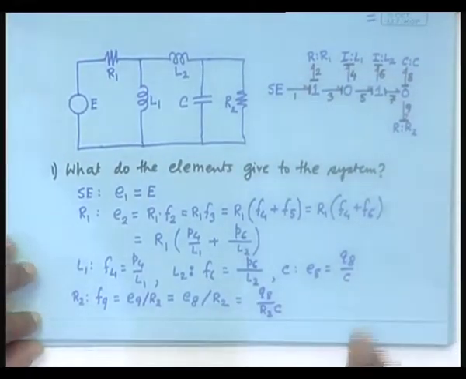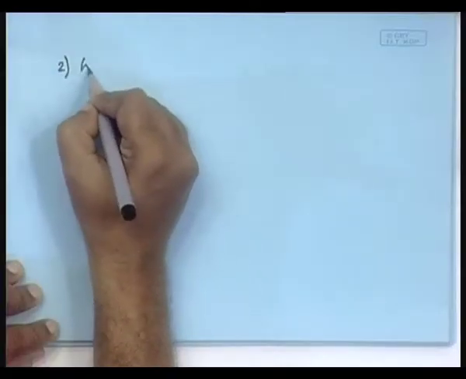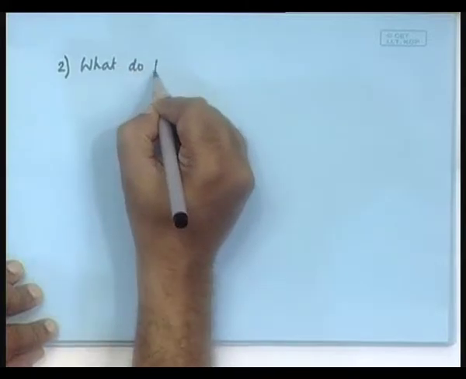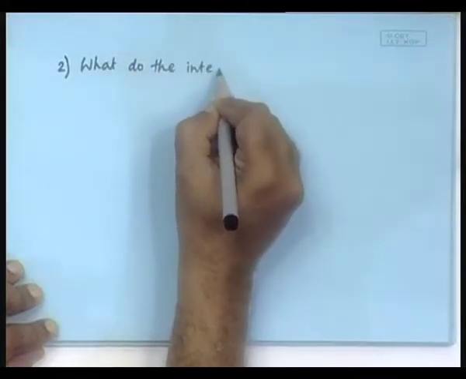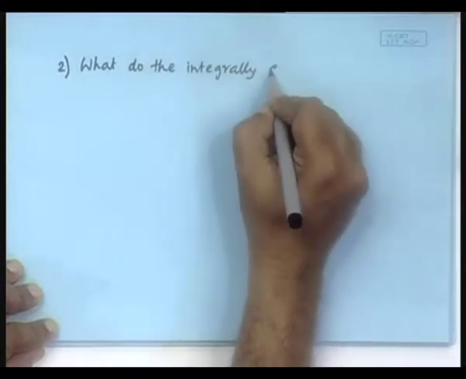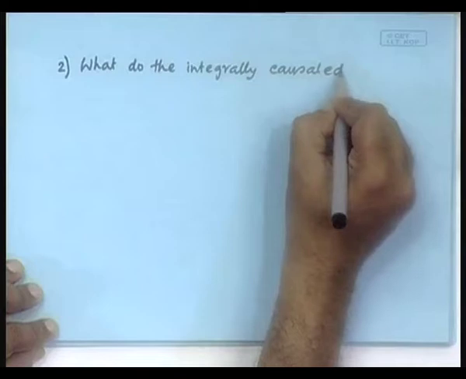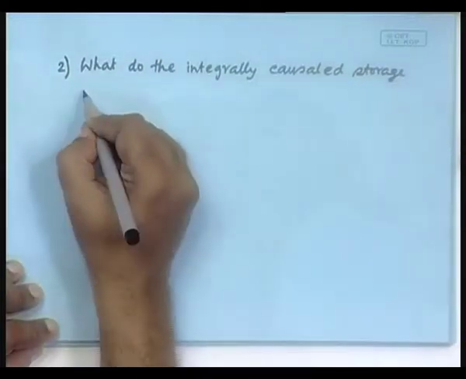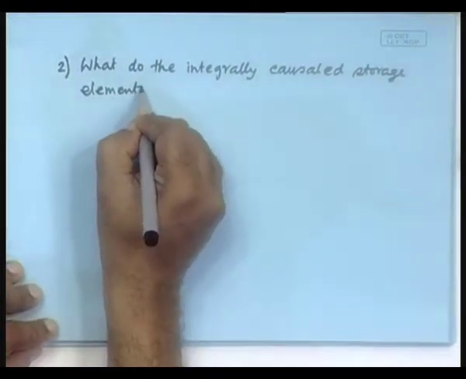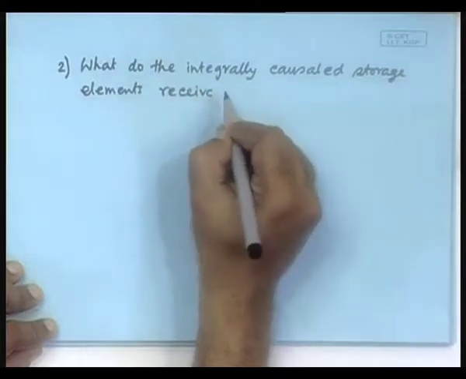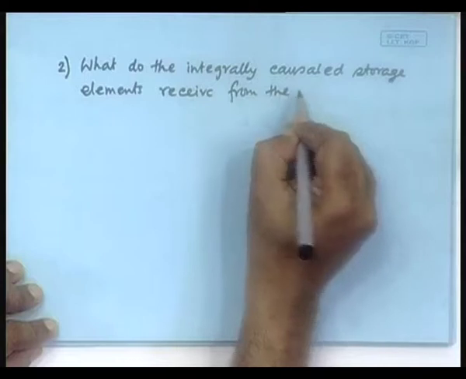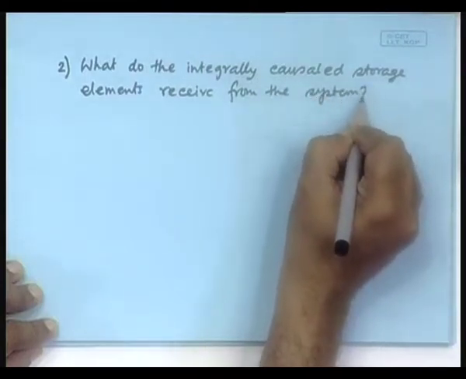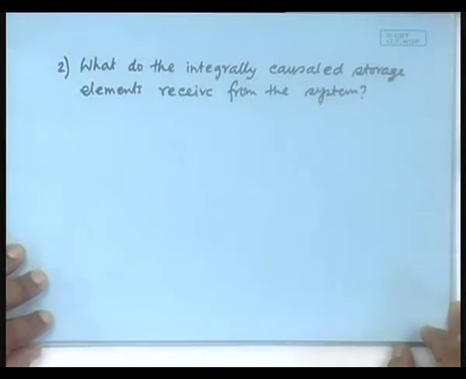Second part. The second question is, what do the integrally causal storage elements receive from the system?